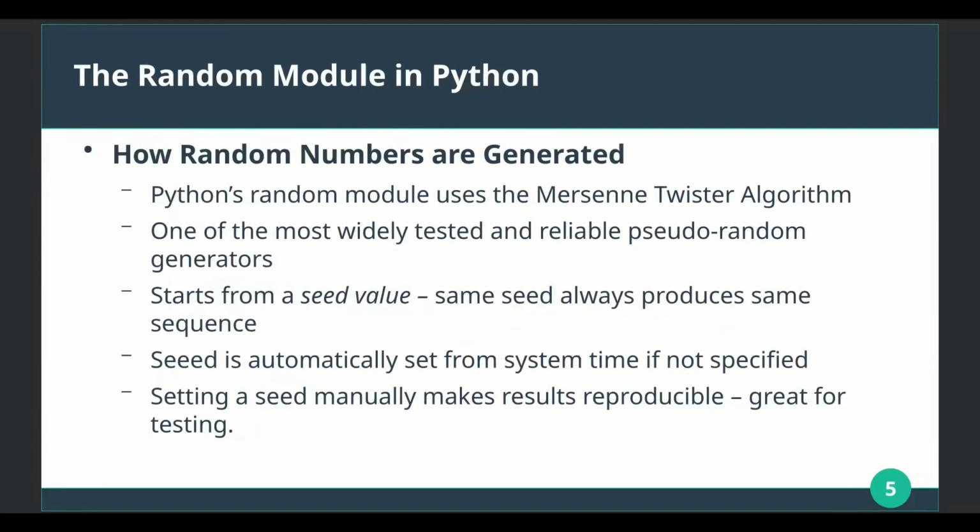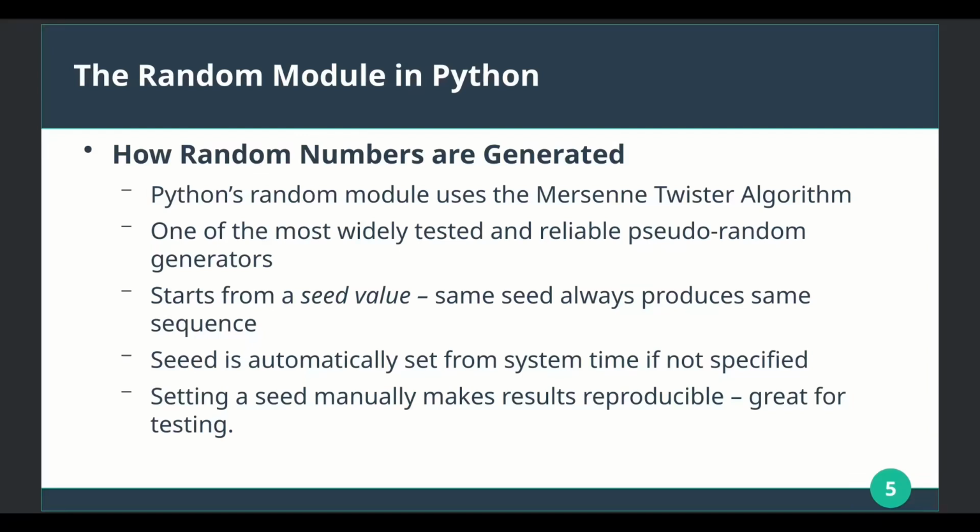How are the random numbers generated? Python's random module uses the Mersenne Twister algorithm, which is one of the most widely tested and reliable pseudo-random generators. It uses the seed value as a start value and always produces the same sequence if the seed value remains the same.